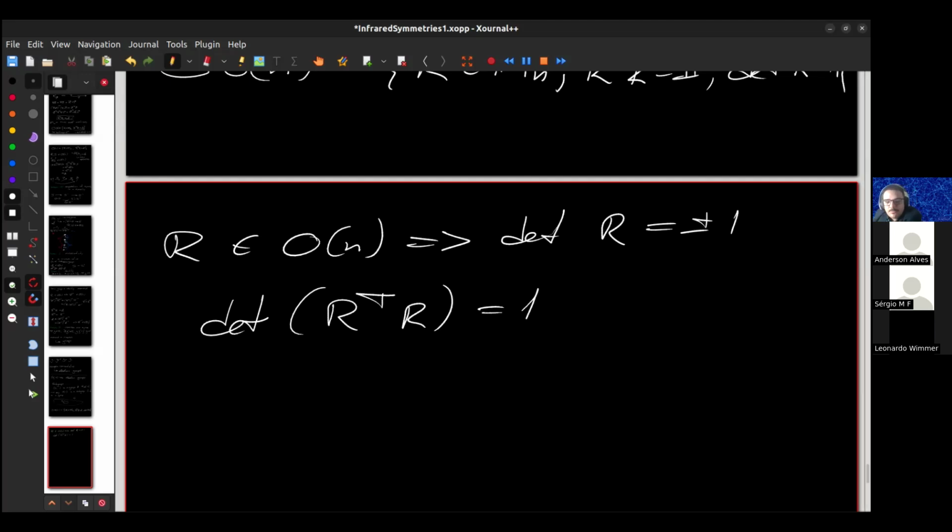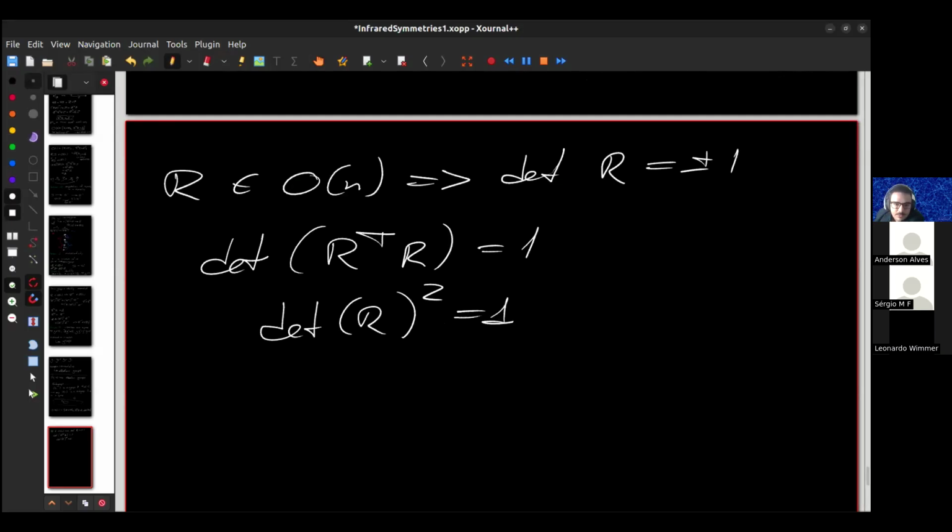The reason for this is because RᵀR needs to be the identity, and the determinant of the identity is always 1. But the determinant of a product is the product of the determinants, and the determinant of the transpose is the determinant of the original matrix. So this can be rewritten as det(R) squared equals 1. It doesn't really matter that the matrices are real.